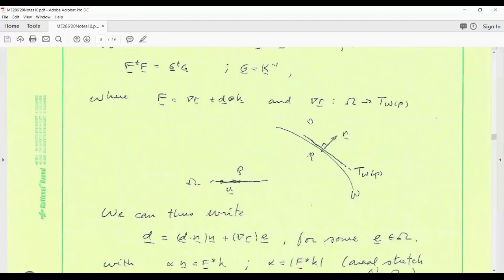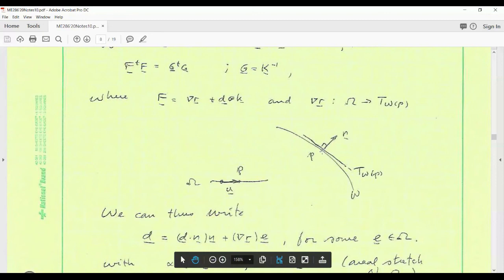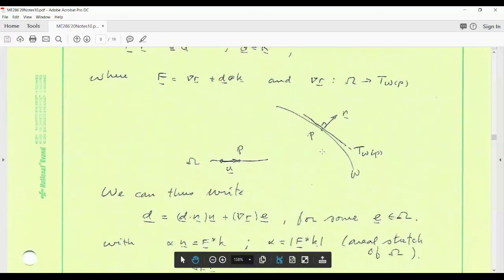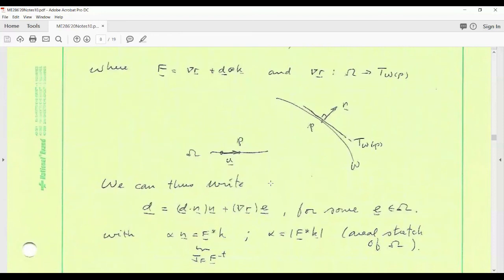So that means, well, we can always decompose D in the following way. D can have a part along n, as we saw in the sketch previously. In fact, under the Kirchhoff assumption, very restrictive, D would be equal to n. That's overly restrictive. Because grad R takes any vector in the initial midplane, a two-dimensional vector, and maps it to this tangent plane, grad R E, for E an arbitrary vector in the initial plane, would be an arbitrary vector in the tangent plane.